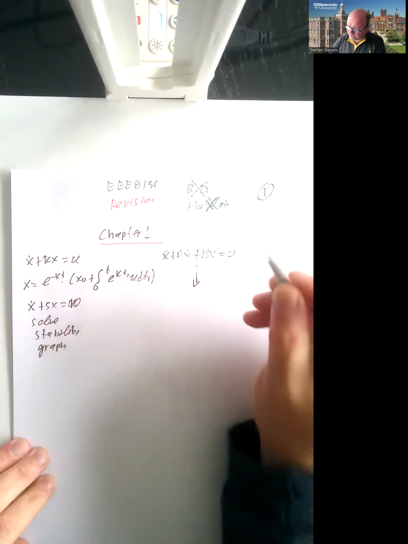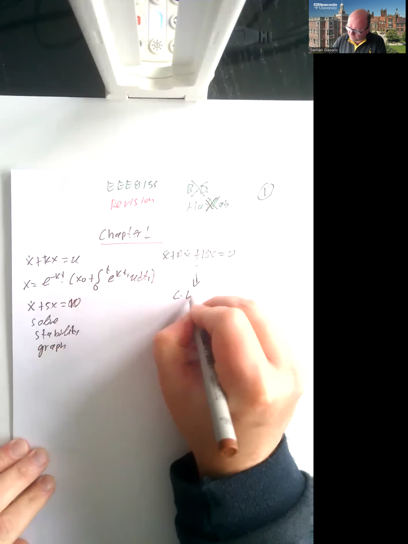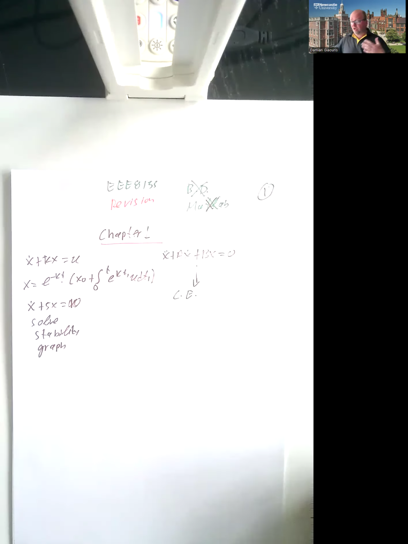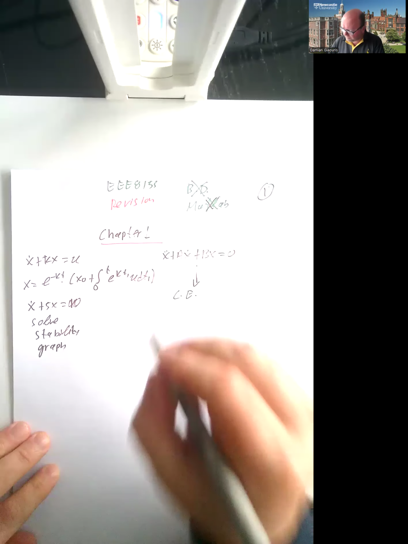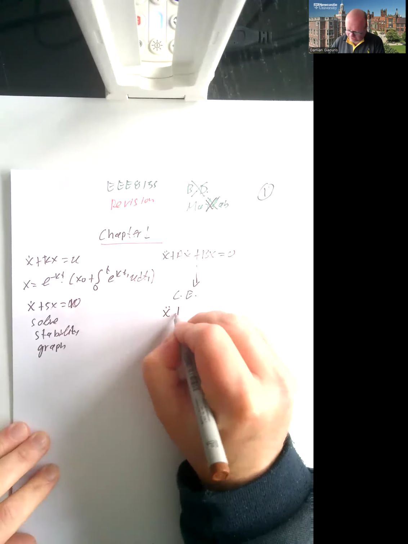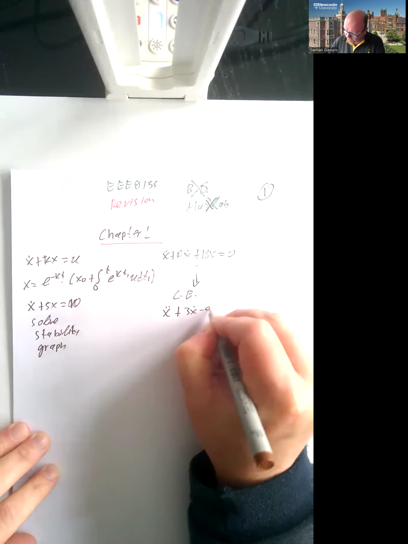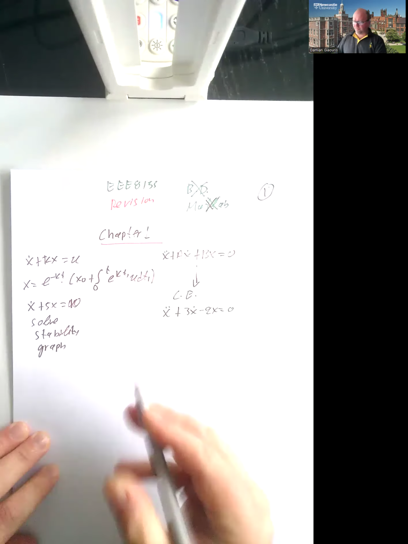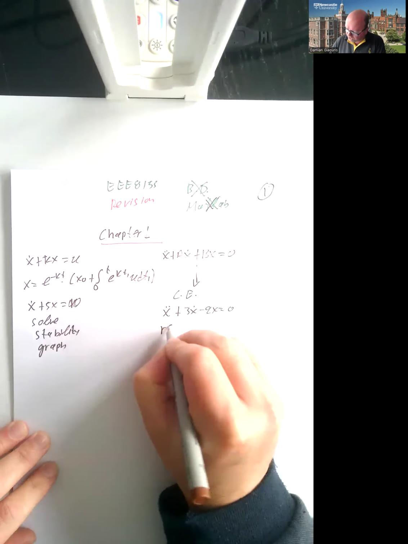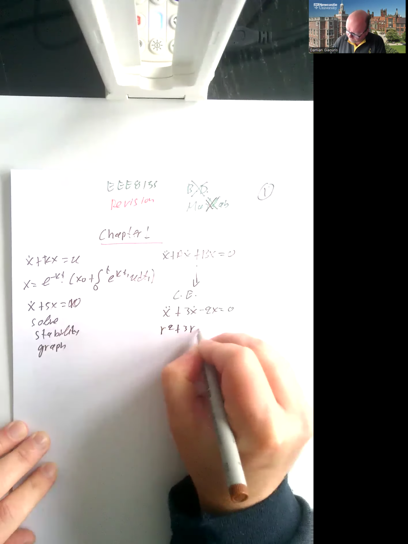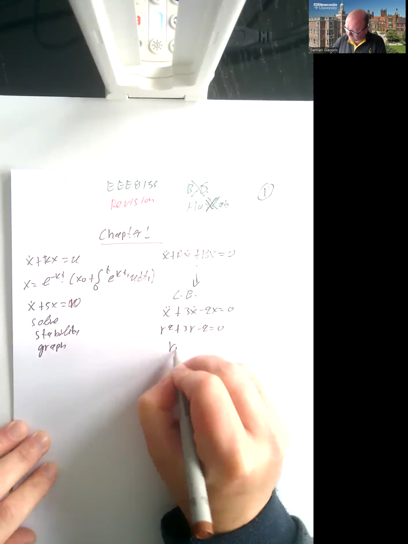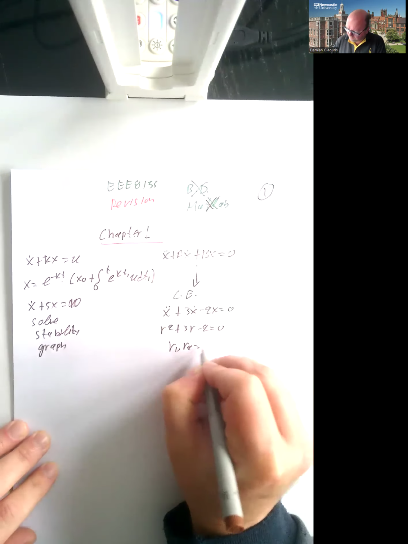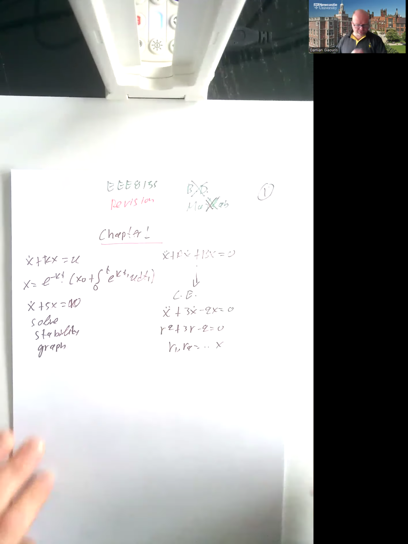For second order system, please remember you must be able to go to the characteristic equation, hence find the eigenvalues. Say for example, x double dot plus 3x dot minus 2x equals 0. From here, you can go to the characteristic equation, solve it, and then find the solution.